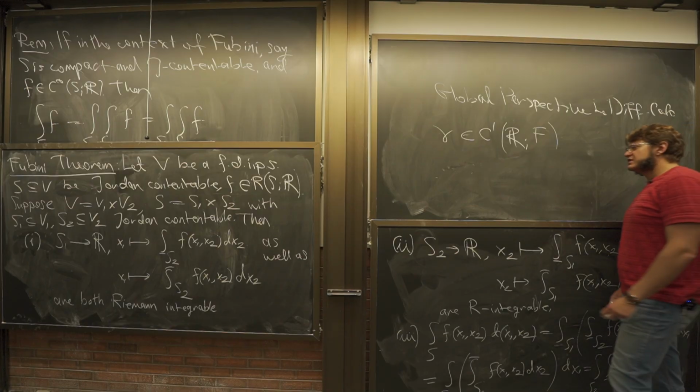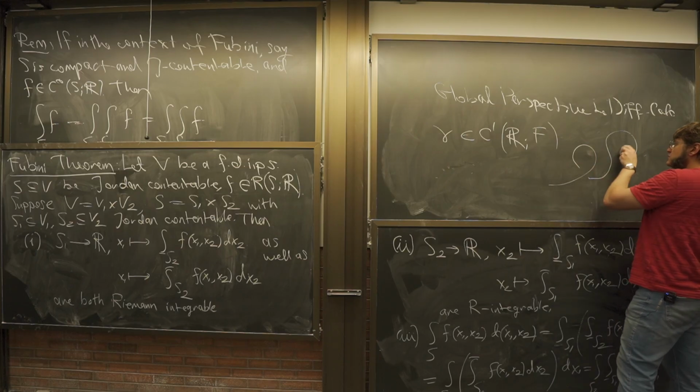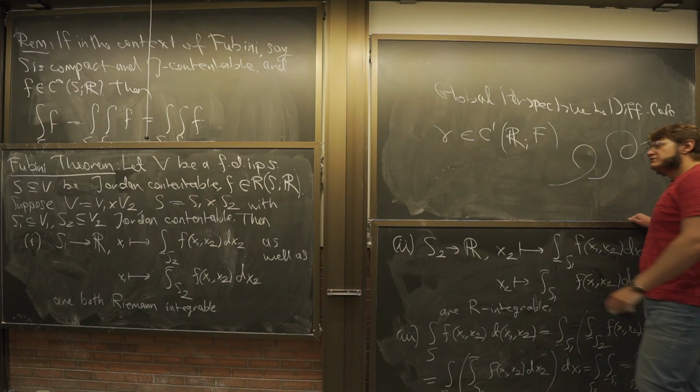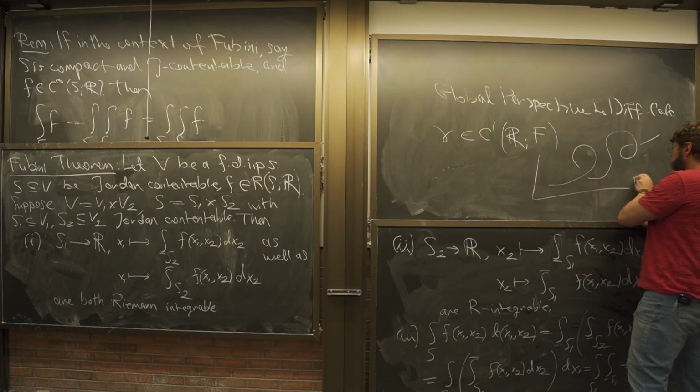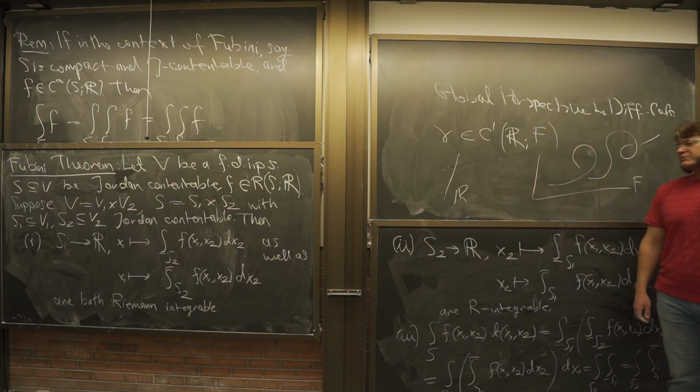We would like to imagine this, or rather its image, to be a subset of F, right? And here is the space of parameters. I think of that as time.